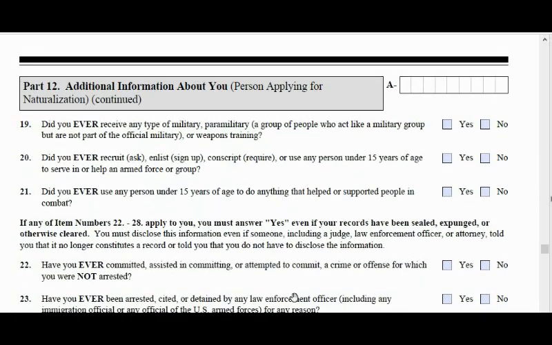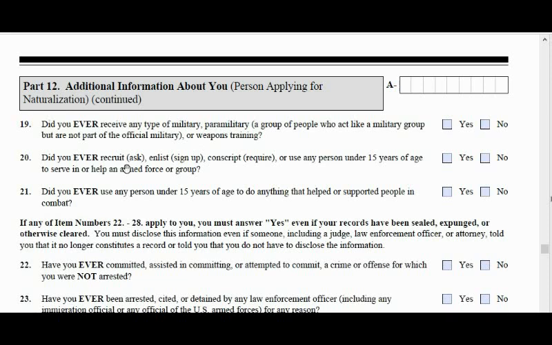So part 12 continues to 19, which is did you ever receive any type of military, paramilitary, or weapon training? Paramilitary is a group of people who act like a military group, okay, but are not part of the official military. That's what they call paramilitary. If you ever received those types of training or weapon training, whatever, then you check yes. If it's no, you check no. 20.